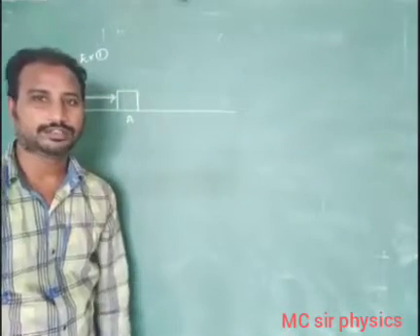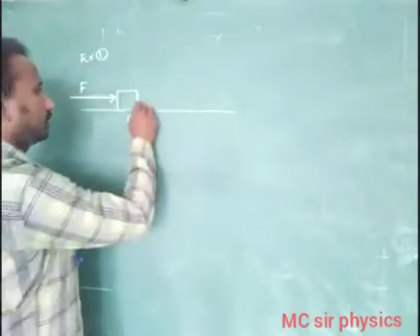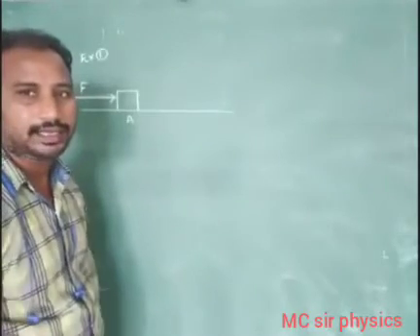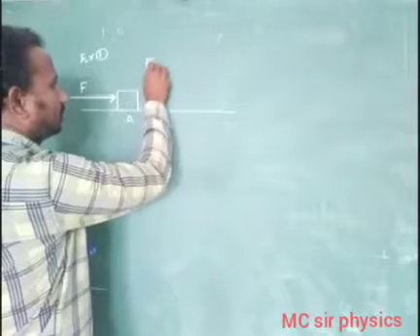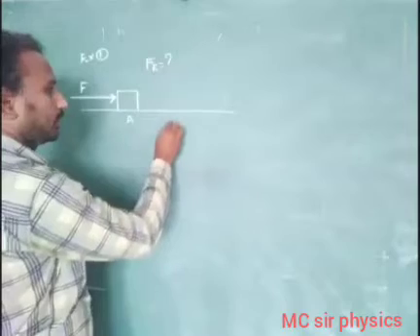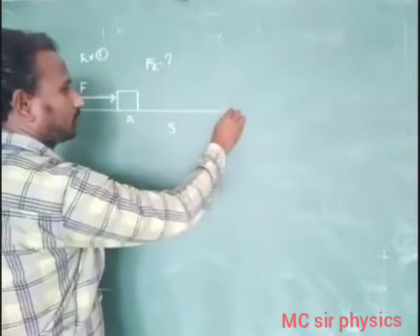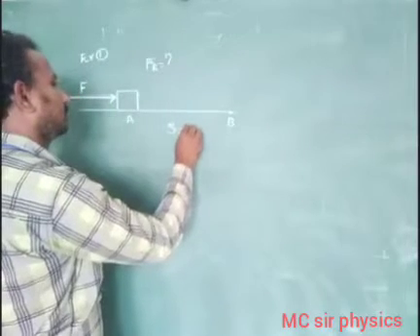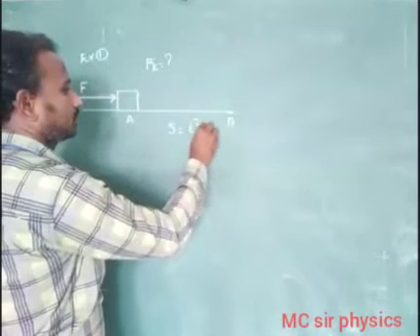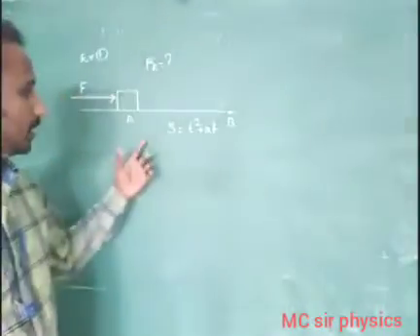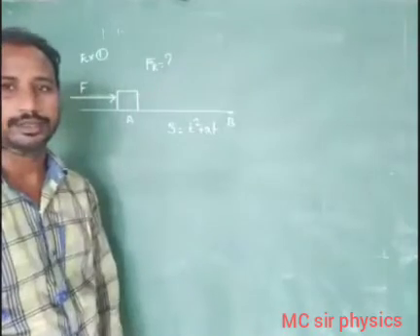When the external force acts on the body, the body is accelerated. What is the resultant force acting on the body? Here the displacement of the body from point A to point B is given: S equals t square plus 2t.